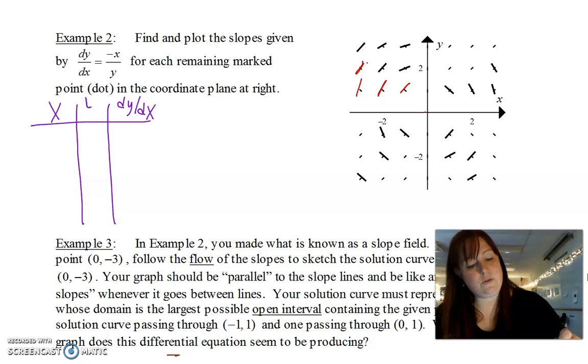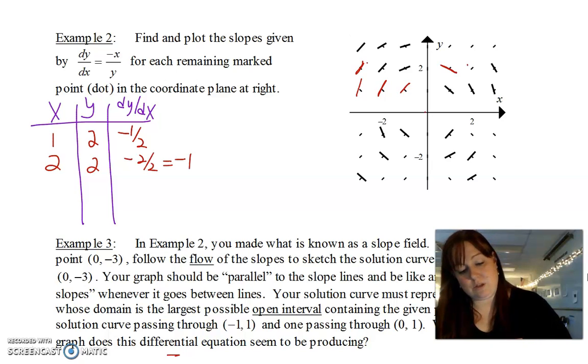Okay, so if we have the point 1, 2, then we're going to have a slope of negative 1/2. So we're going to have a negative slope here, but it's going to be really shallow, like that. And then if we have 2, 2, which is right next to it, we're going to have a slope of negative 2 over 2, which is negative 1. So that one's going to be a little steeper.